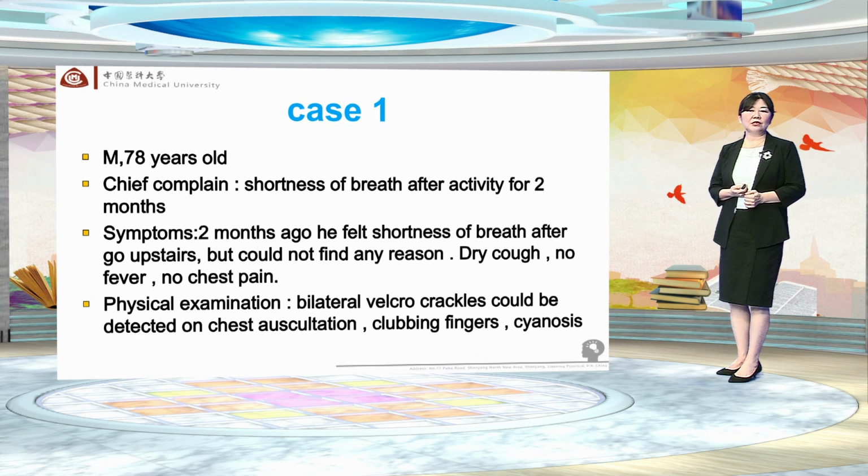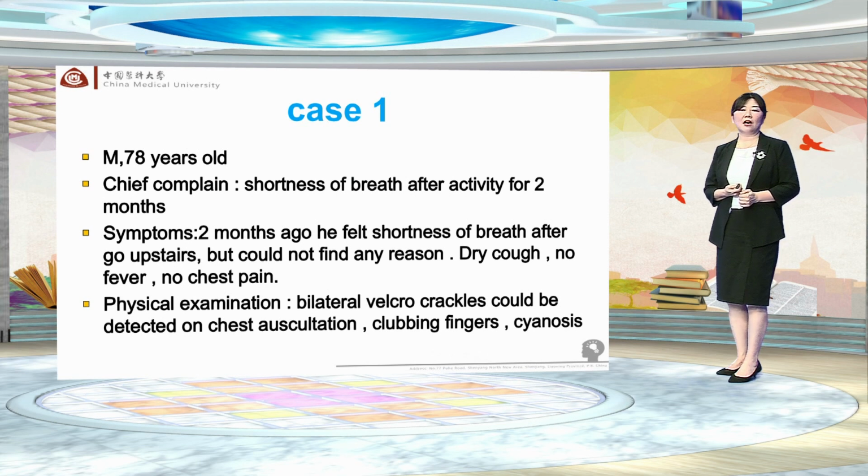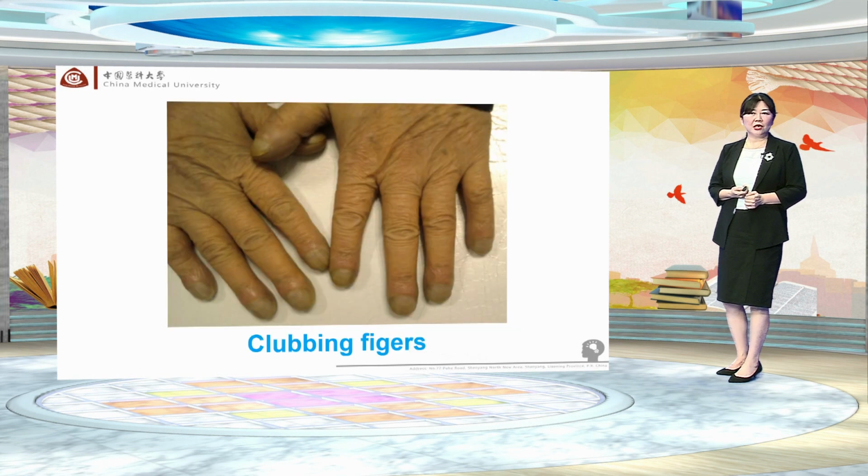For the physical examination, bilateral microcrackles could be detected on the chest, clubbing fingers, and cyanosis. This picture shows clubbing fingers. You can see hypoxia at the end of the finger or toe, hypertrophy, and clubbing expansion.